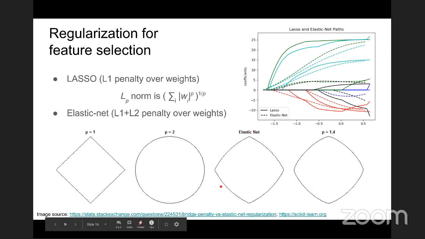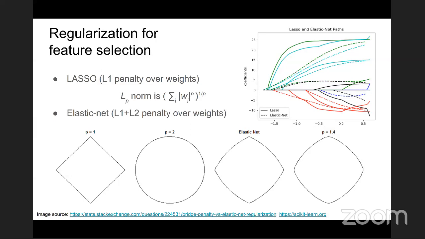So now let's look at optimization based feature selection or regularization based feature selection. Everyone is familiar with lasso, right? Which is L1 penalty over weights. Let's say we are looking at linear regression and you have these contours for linear regression.